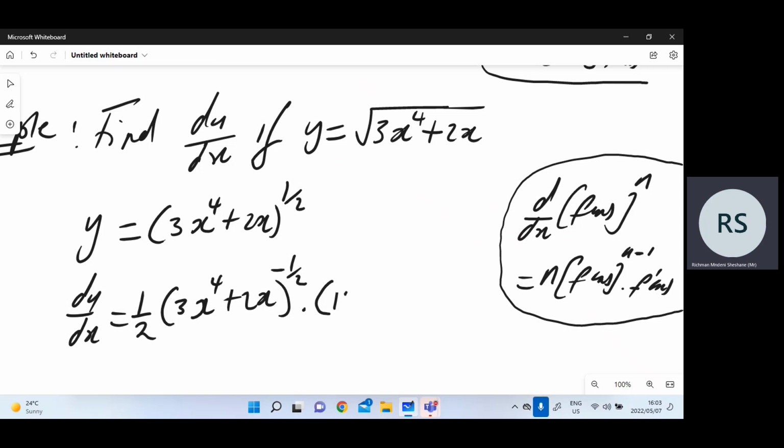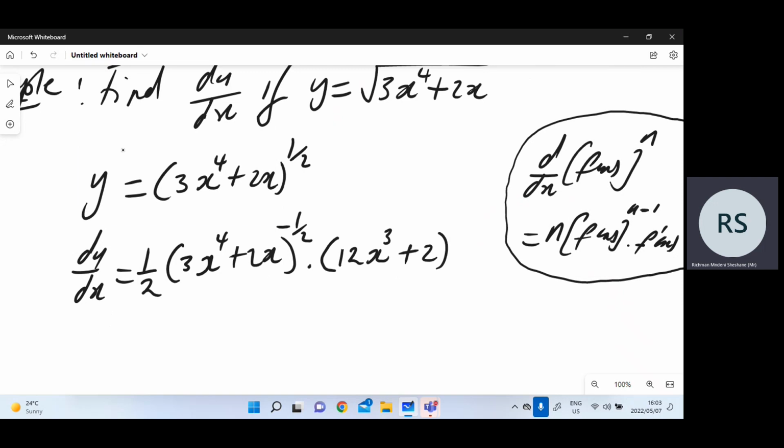This will be 12x to the power of 3 plus 2. This is your derivative. You can write this in the denominator under the square root. This is the derivative of the function.